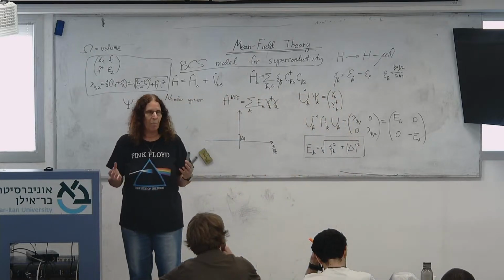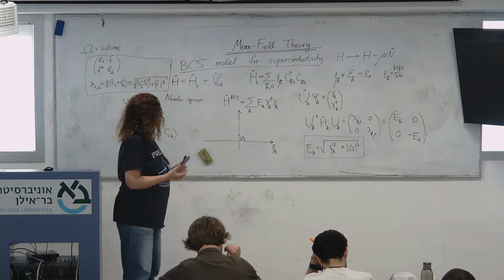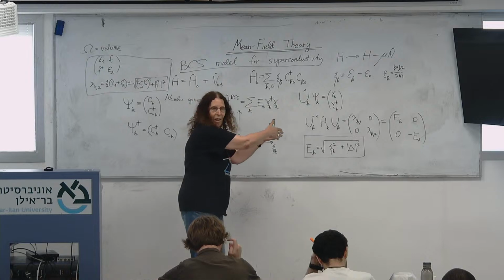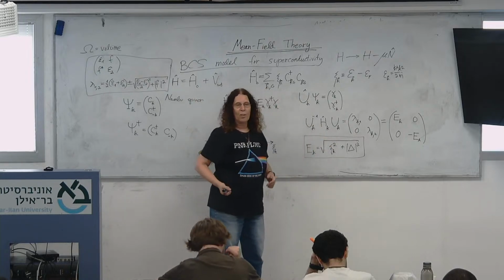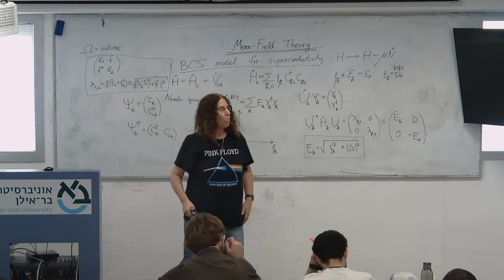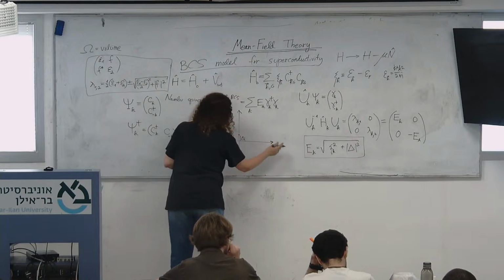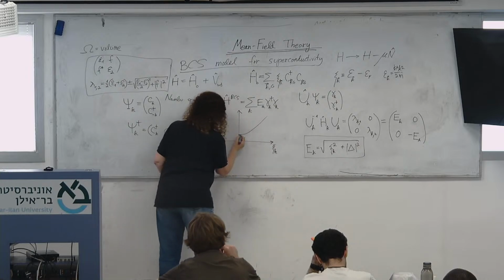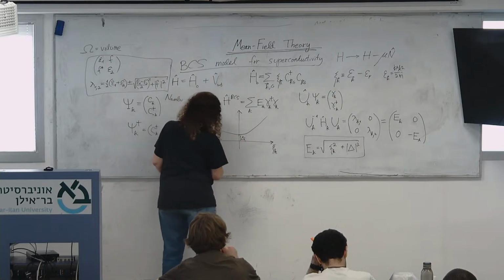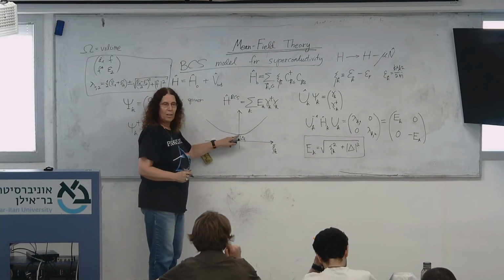There are many states, actually any complex number that has magnitude delta, absolute value, will give us the same energy. And this is how the spectrum looks. If I plot it as a function of psi, it's kind of a hyperbola, symmetric. And the most important feature is that it has a gap.